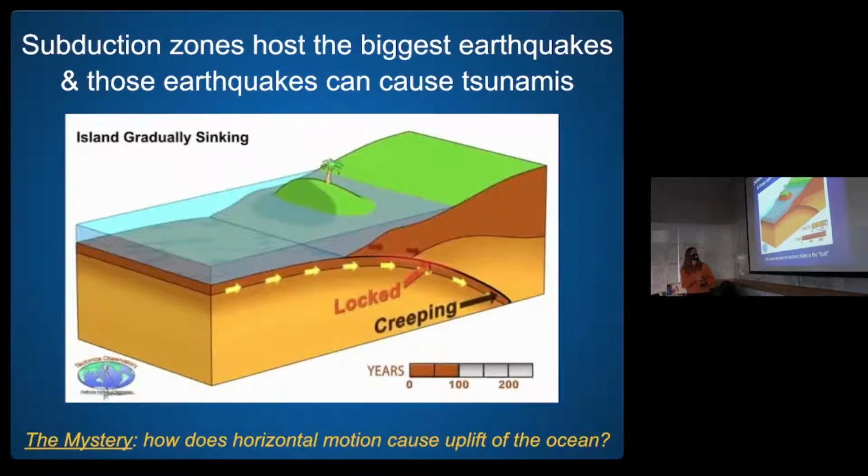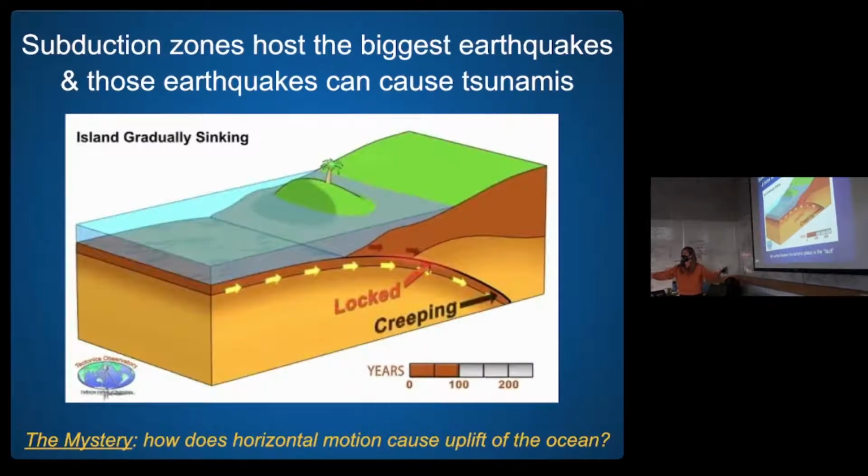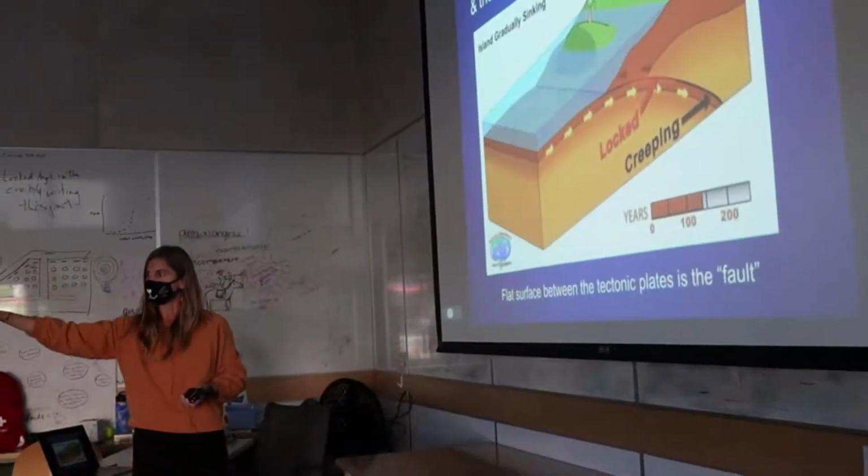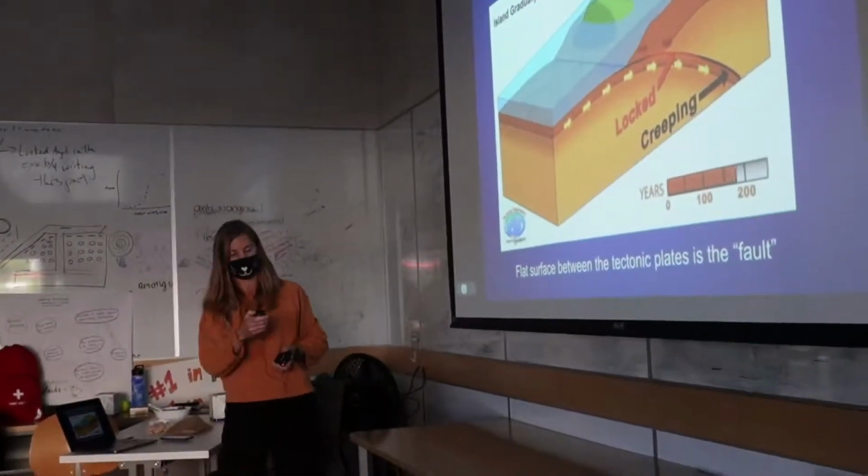And then that earthquake pushes the water column up. I've got to play it again. Pushes the water column up and you get a tsunami wave. So water goes up, gravity brings it down, and that energy continues to travel through the ocean.